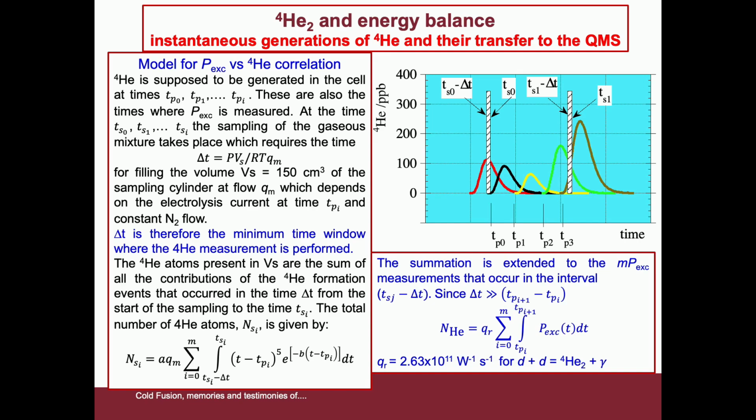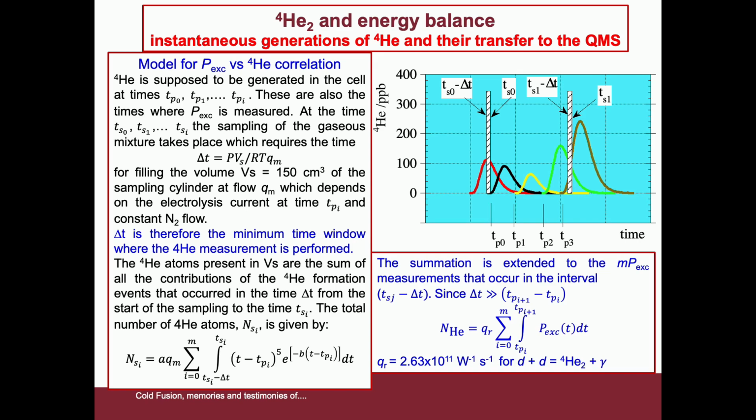Delta T is therefore the minimum time window where the helium measurement is performed. The helium atoms present in the sampling volume are the sum of all the contributions of the helium formation events that occurred in the time delta T from the beginning of the sampling.